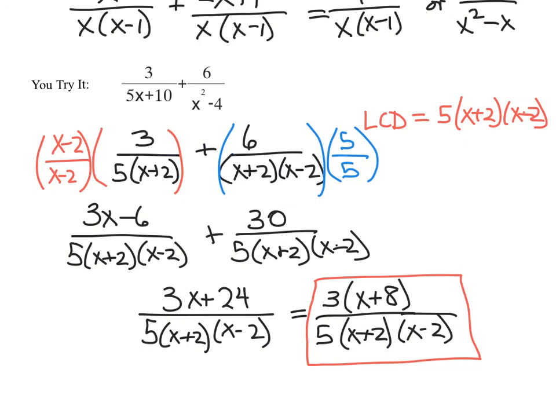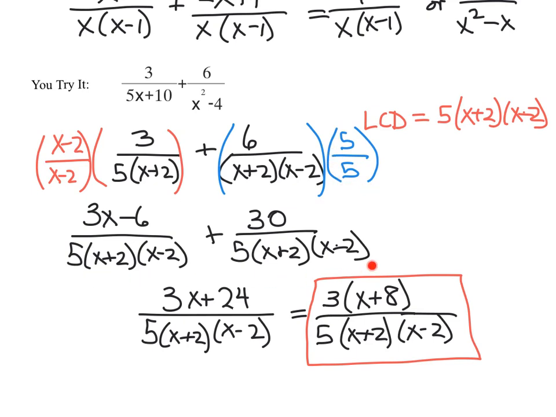I factored the denominators, so I got 5 times x plus 2 in the first fraction, and x plus 2 times x minus 2 in the second fraction. So the least common denominator for these two fractions should be 5 times x plus 2 times x minus 2. Multiplying the first fraction by x minus 2 and the second fraction by 5.